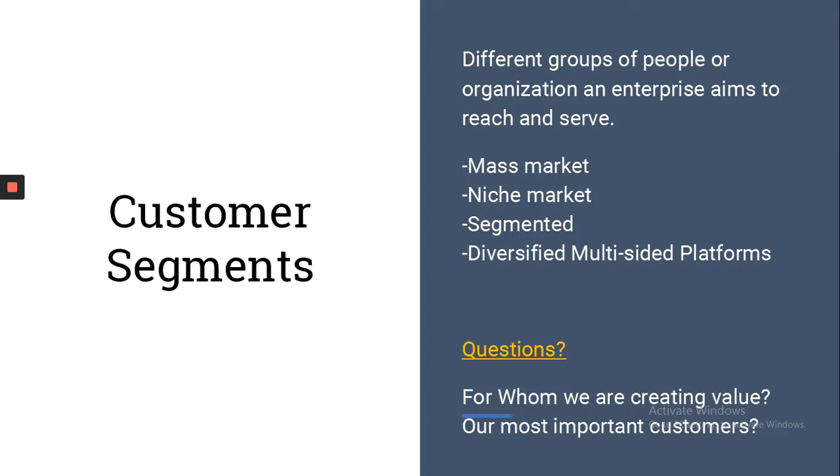There are different ways you can segment the market. The first thing that you can do is serve the whole market. There are certain products that are needed by all the people in the market. For example, food, clothes, medicine, transportation, telecommunication, housing. These are examples of the goods and services that all people in the market need.